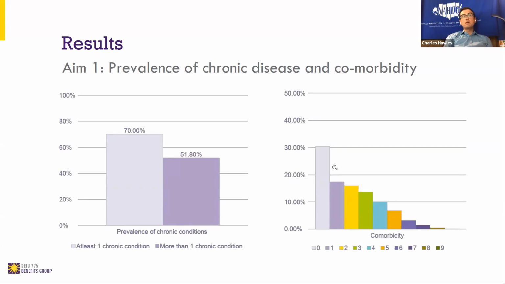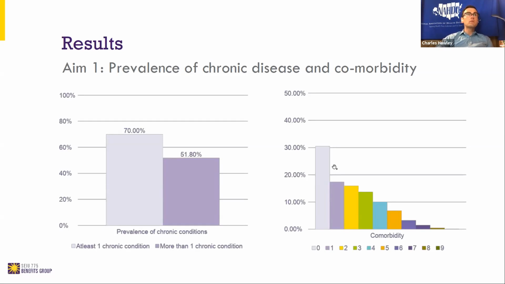We also noticed that half of Washington's HCAs, or home care aides, have a chronic disease of interest with a comorbidity. And then on the right here, you can see the distribution of comorbidities for the population. In this case, 0 represents a single chronic disease without a comorbidity, and then 1 would be 2 chronic diseases of interest here.